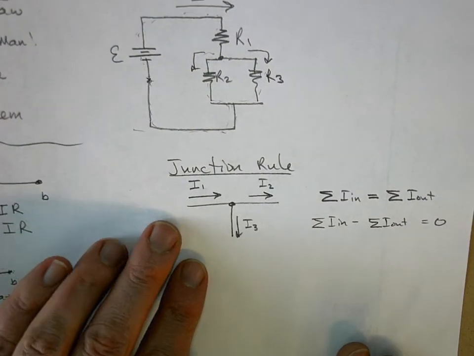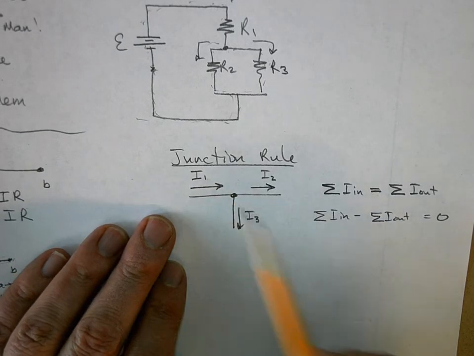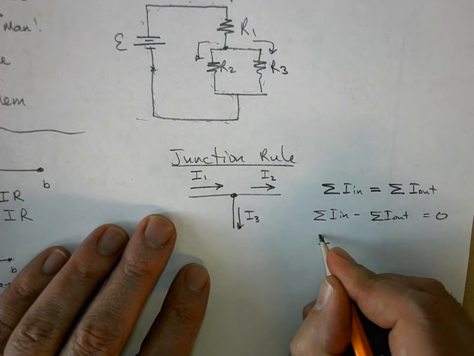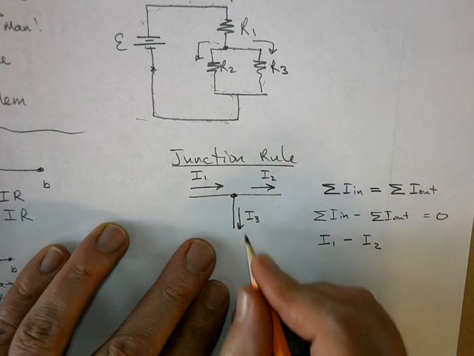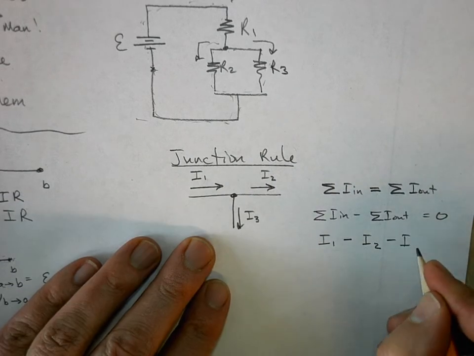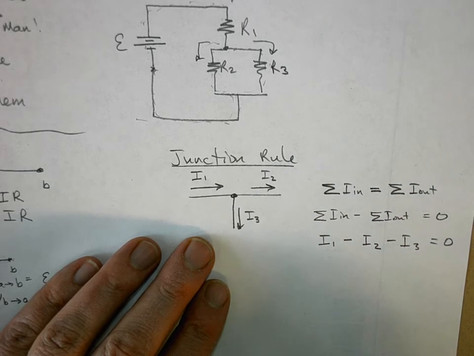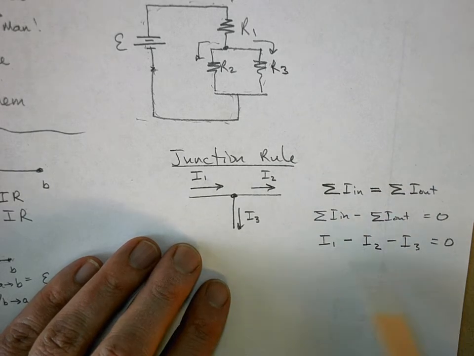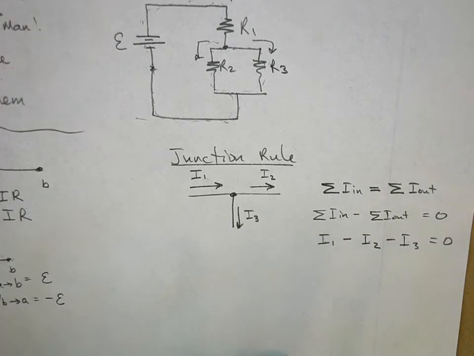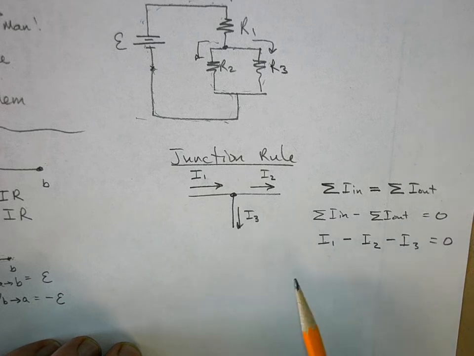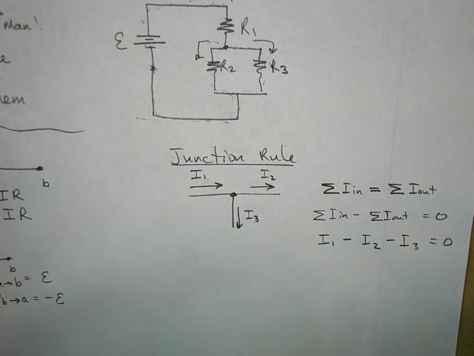Okay, so what we're going to say for this junction is I can write an equation. I can say, hey, I1 minus I2 minus I3 equals 0. Now, the trouble with this equation is that there's one equation, but 3 unknowns. So we're going to need more equations. And we're going to develop a system of equations, and then we're going to solve for the currents.